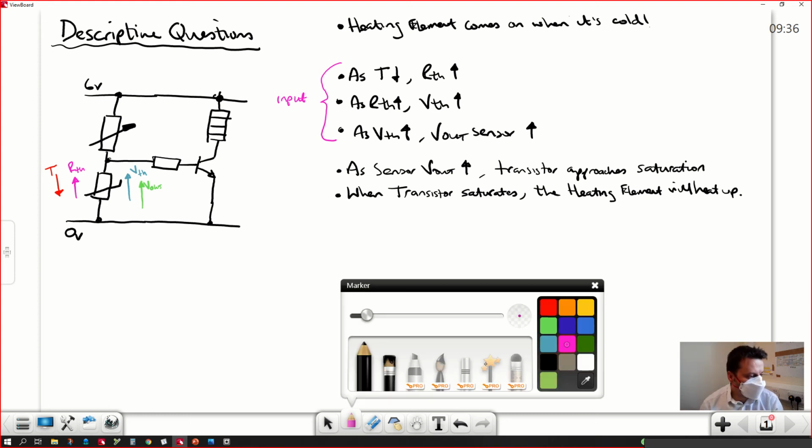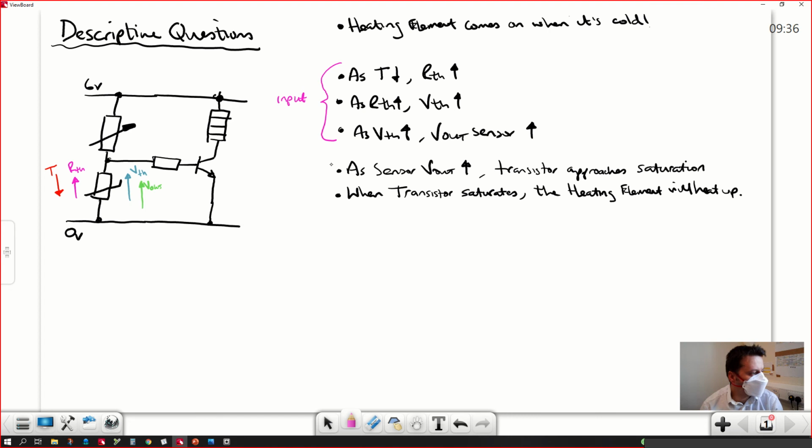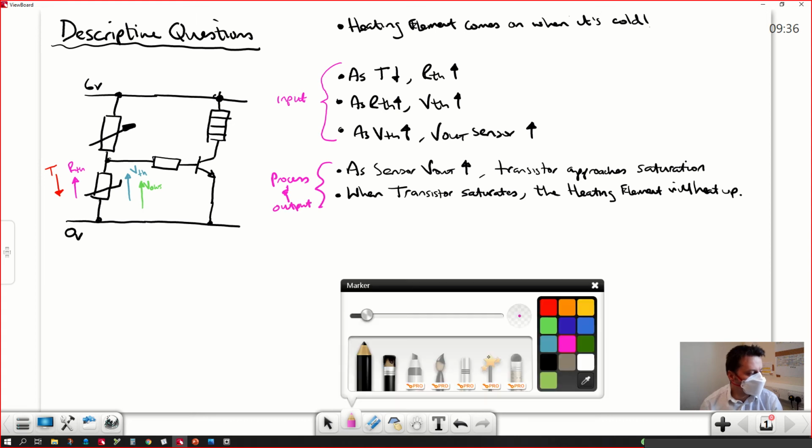So that's then describing the kind of process and output. Now, there's a couple of things missing from it.